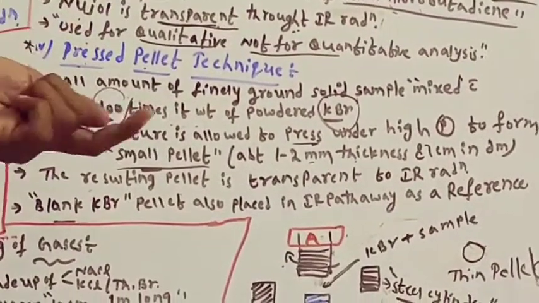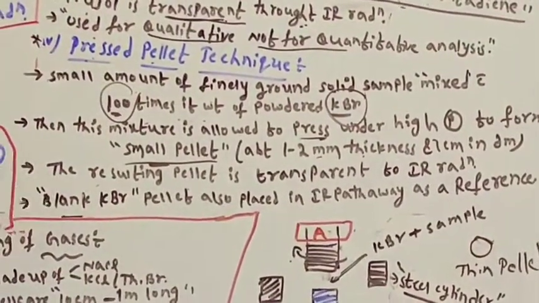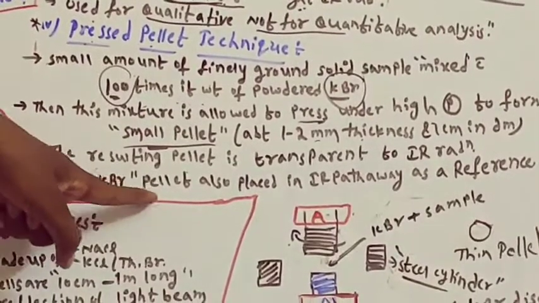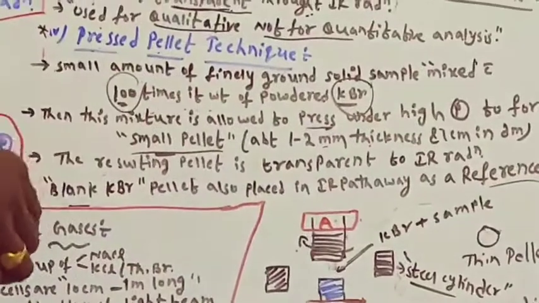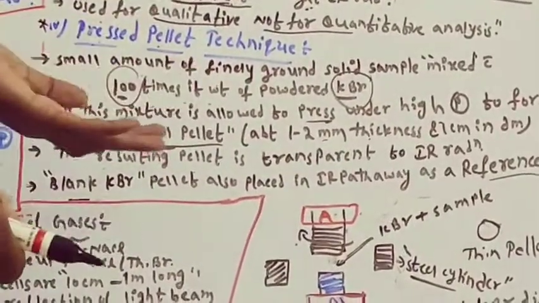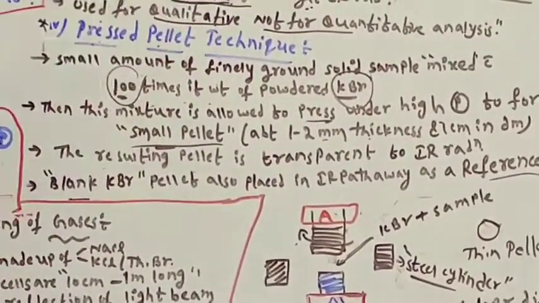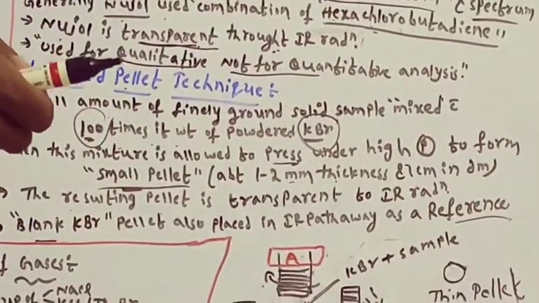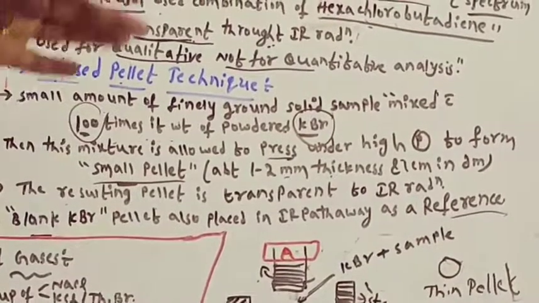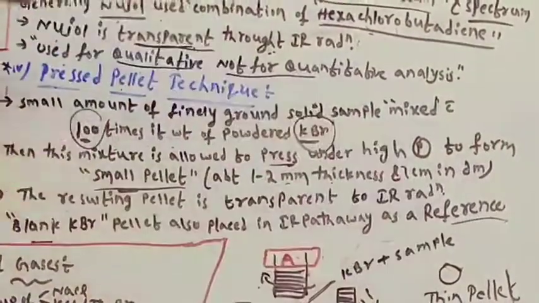transmit the IR radiation. Then for analyzing, a blank KBr pellet is also placed in the IR pathway as a reference. Blank KBr means without mixing with sample. First, KBr alone is run, and then the sample mixed with KBr is used. Blank KBr is used as a reference.